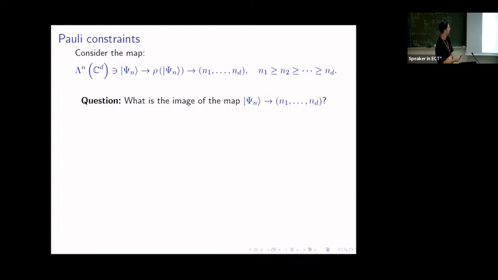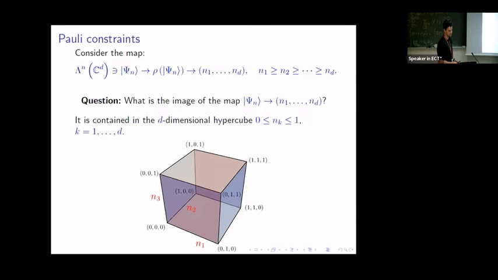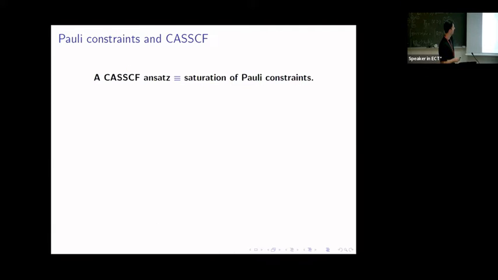So what are all the natural occupation numbers obtained from all possible pure n fermion states? So it is surely contained in this d-dimensional hypercube, right? This we know as the Pauli principle. So each of these natural occupation numbers is between 0 and 1.